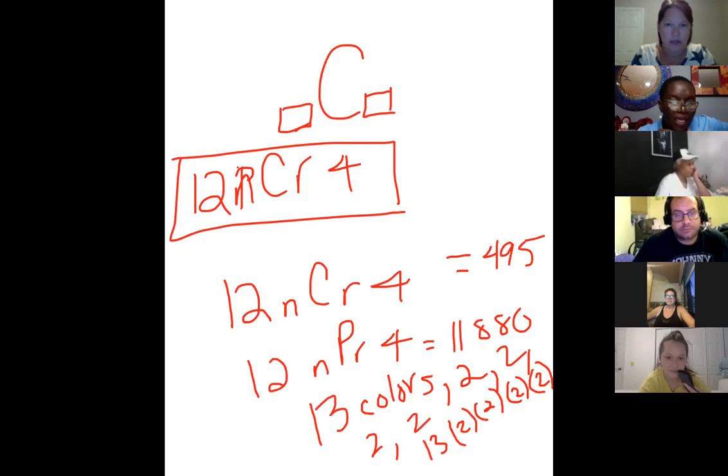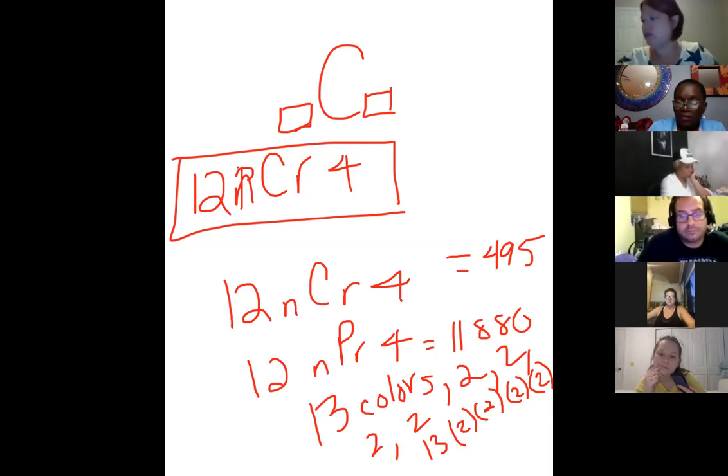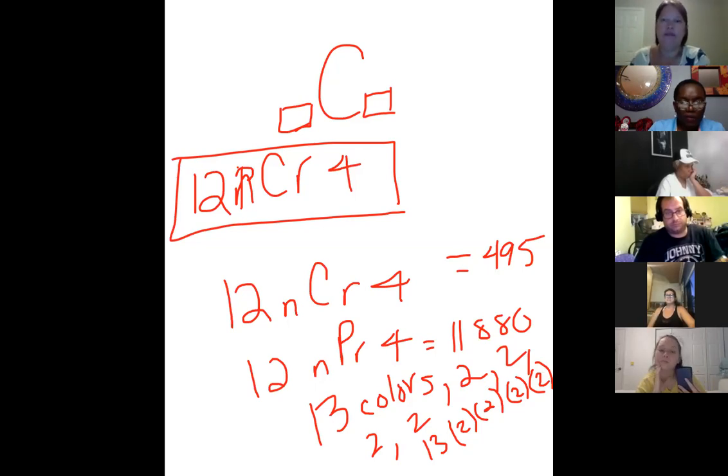Next one. In a different plan for area codes, the first digit could be any number from 1 through 7. The second digit was either 5 or 6. And the third digit could be any number except 0, 1, or 9. With this plan, how many different area codes are possible? So you have to choose the digits 1 through 7.